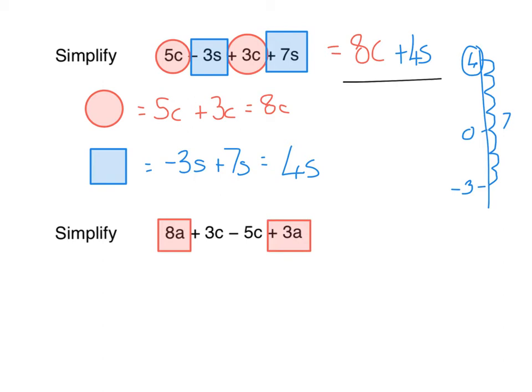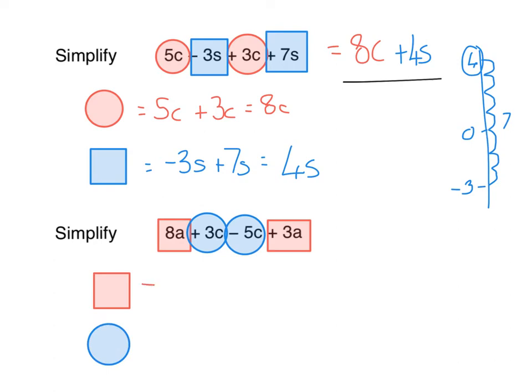And then I'm going to put circles around my c's, including the sign in front. So I've got squares and I've got circles.